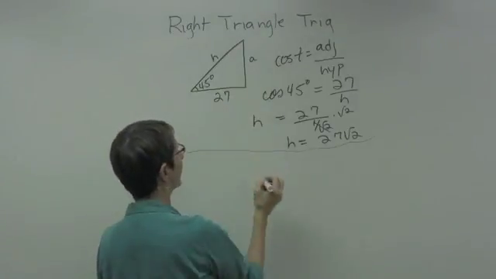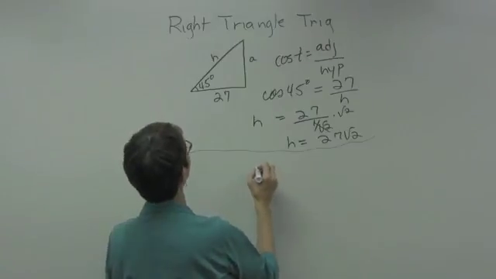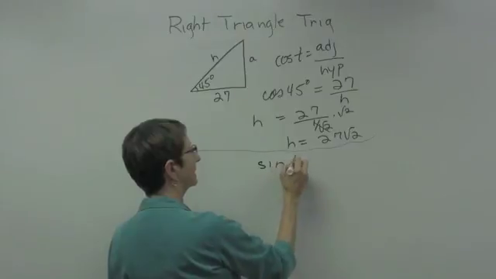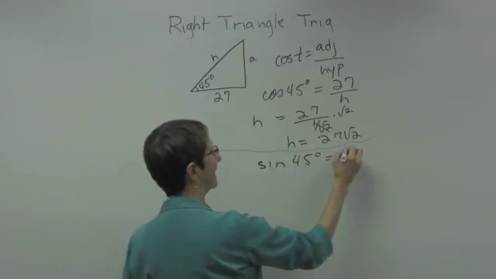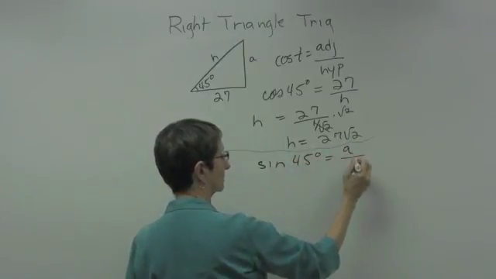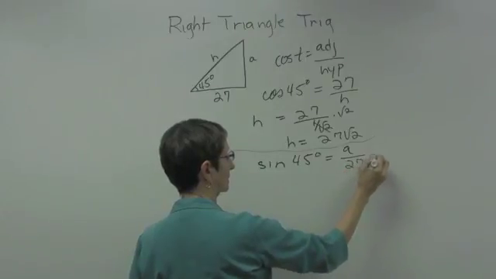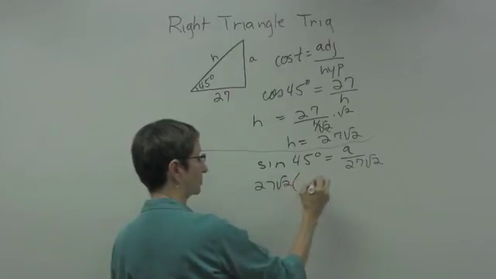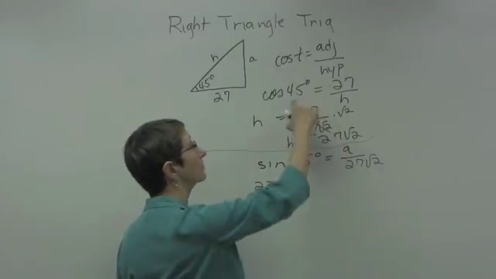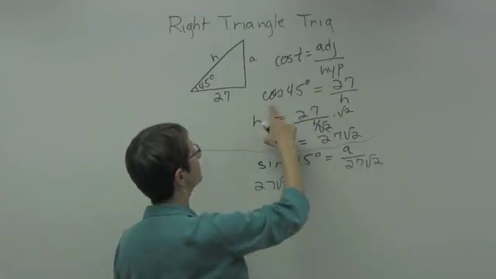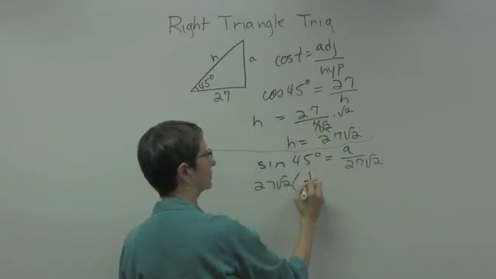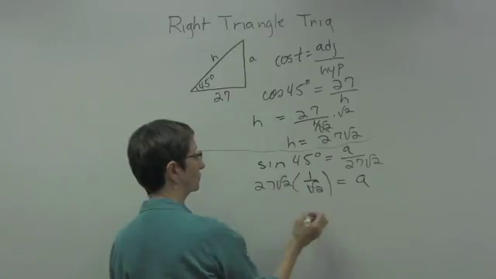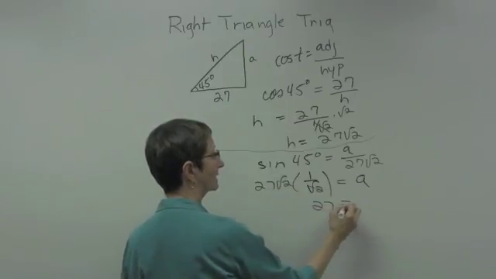Let's go opposite side is sine, excuse me. Sine of 45 degrees would be a over h. Just found the h. So A is 27 root 2 times the sine of 45 degrees, which is the same as the cosine of 45 degrees, 1 over square root of 2. So that gives me A. And the root 2's cancel, so A is 27.